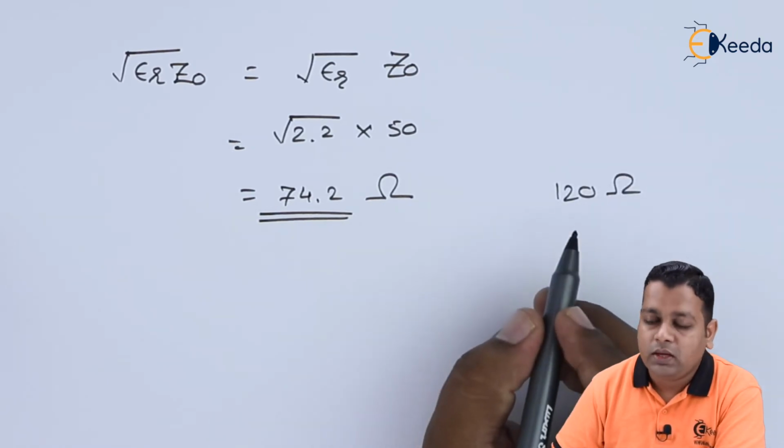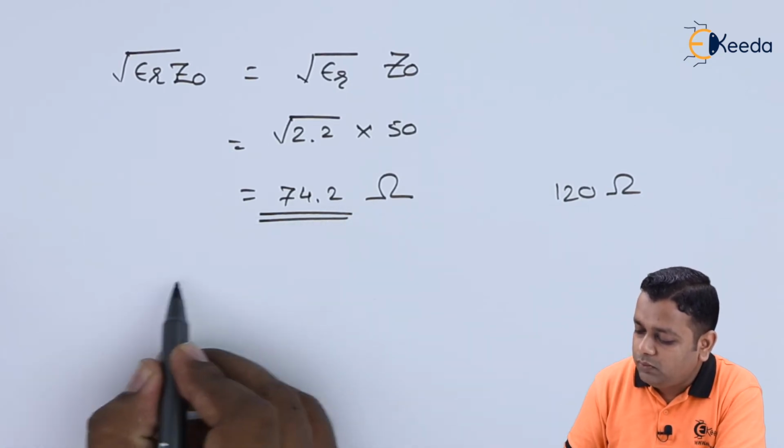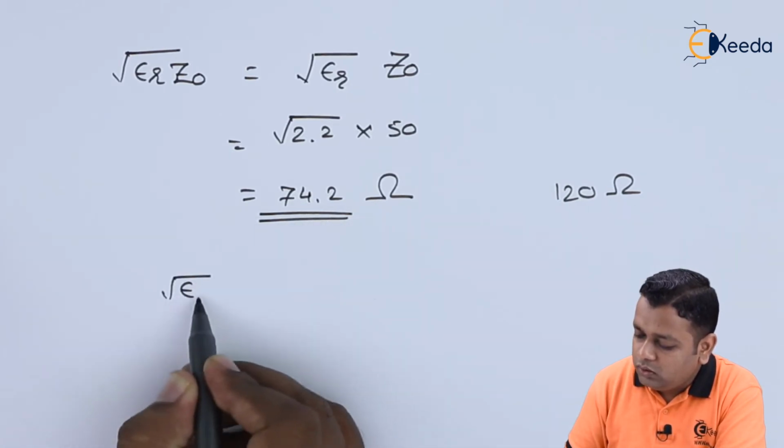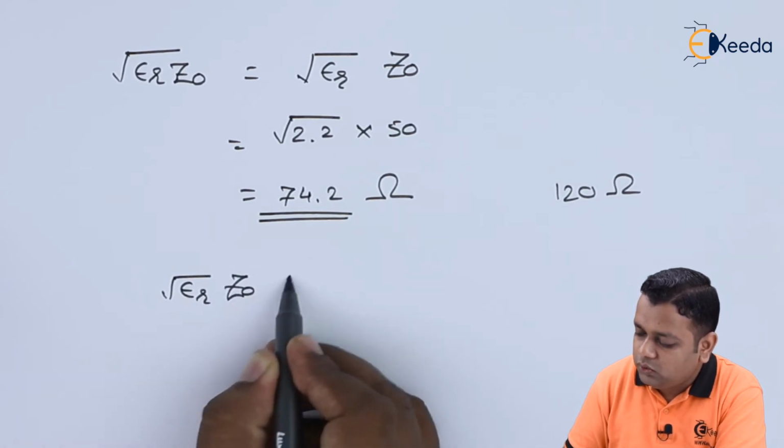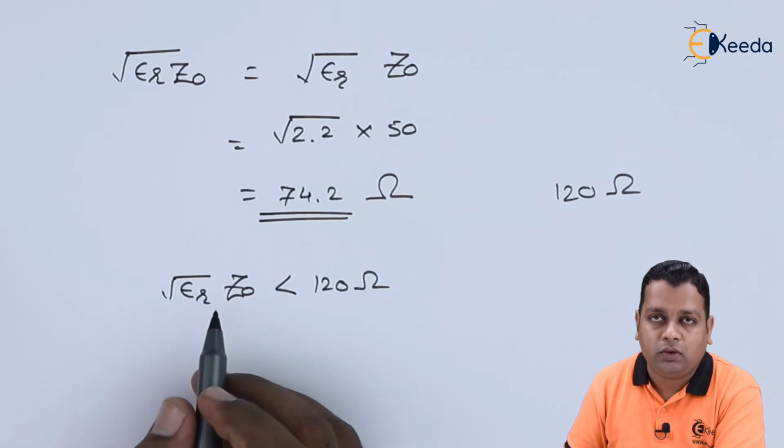So we have to check whether it is greater than or less than 120 ohms. Here we come to know it is 74.2, therefore we write square root of epsilon r into z0 is less than 120 ohm.